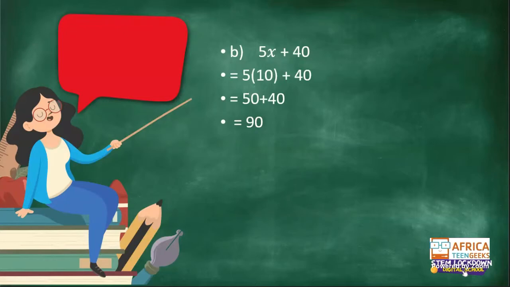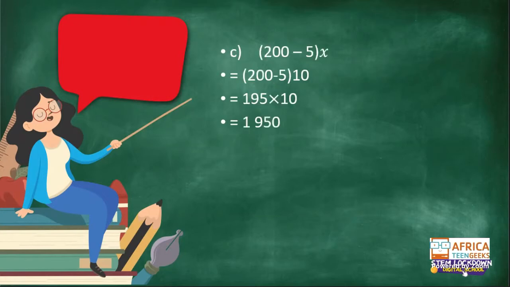All right, Yoliswa, and of course the next one as well, we have 5x plus 40. Unkabetri? No, sir, I forgot to bring my hand down. Okay, fine. So 5 times 10 is 50, plus 40 gives you 90, that's B. And then C, of course, you can see you subtract 5 from 200 to get 195. And 195 times 10 will give you 1,950.